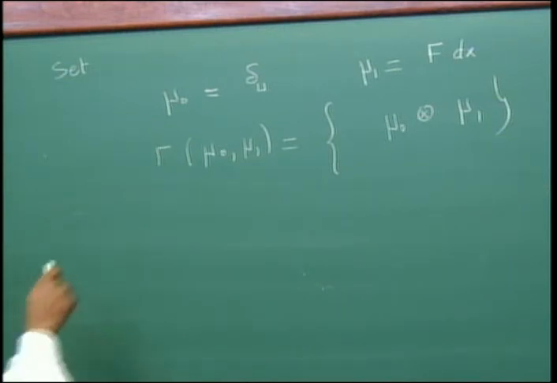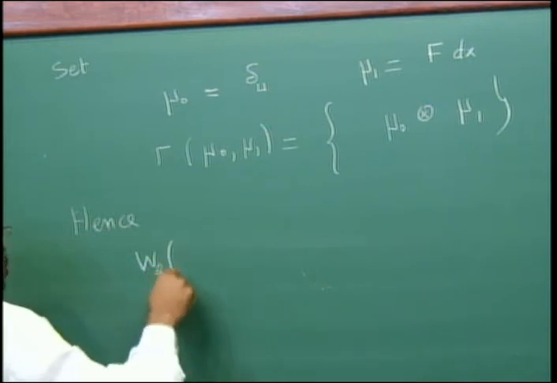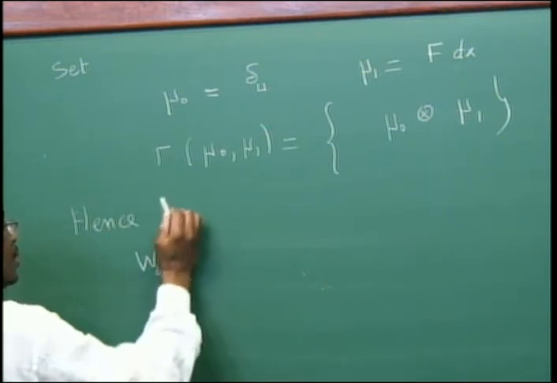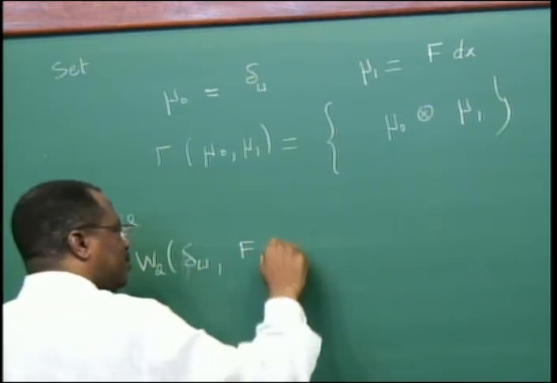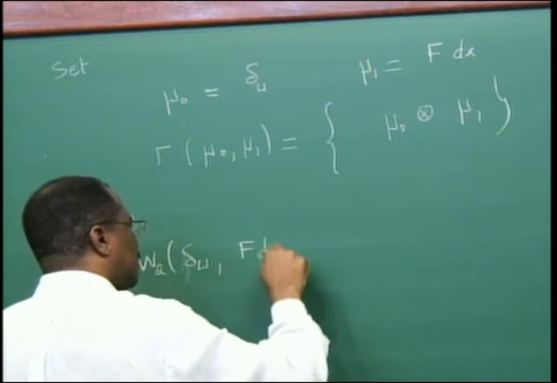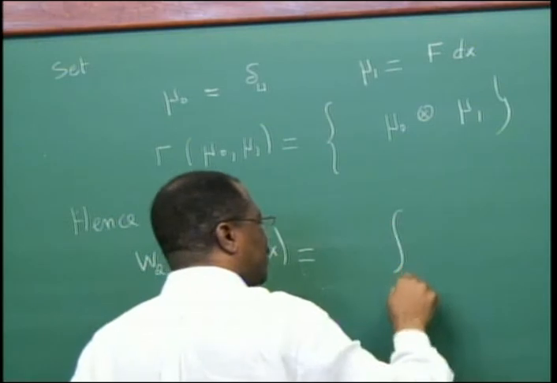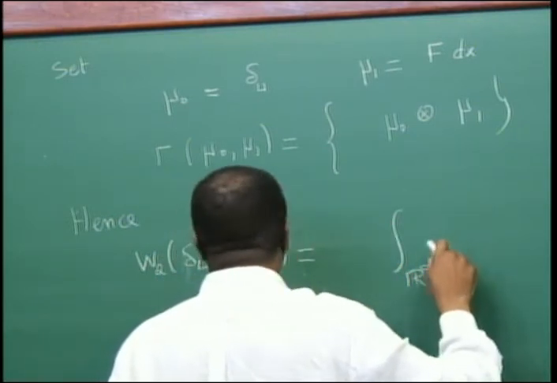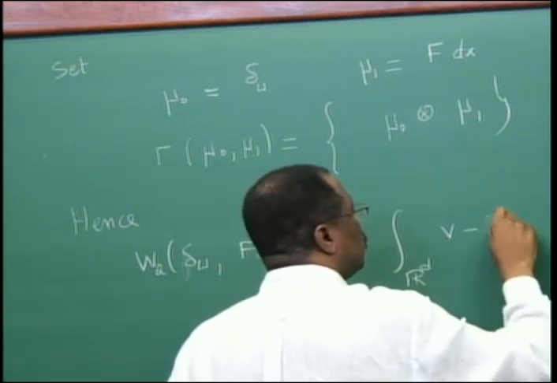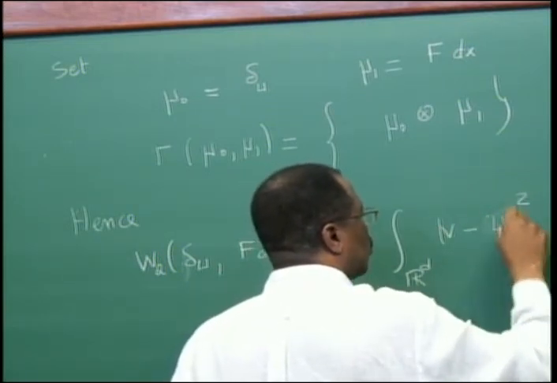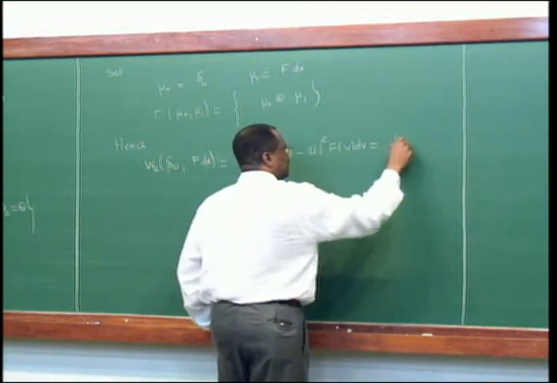And so, as a consequence, if I compute W2 between delta u and f dx, I get that it is the integral over R^d of |v minus u| squared f of v dv, which is d theta f.